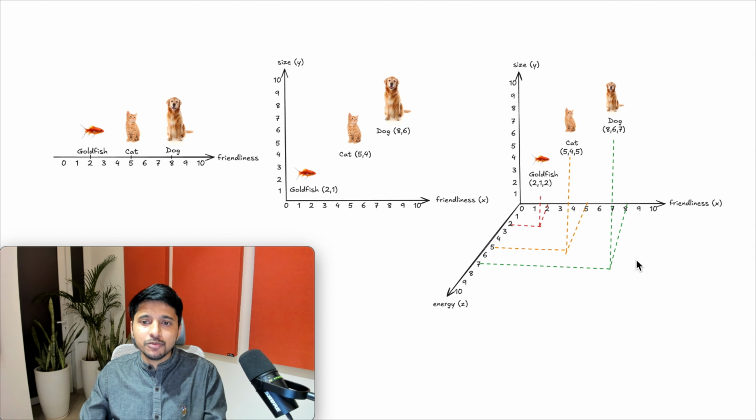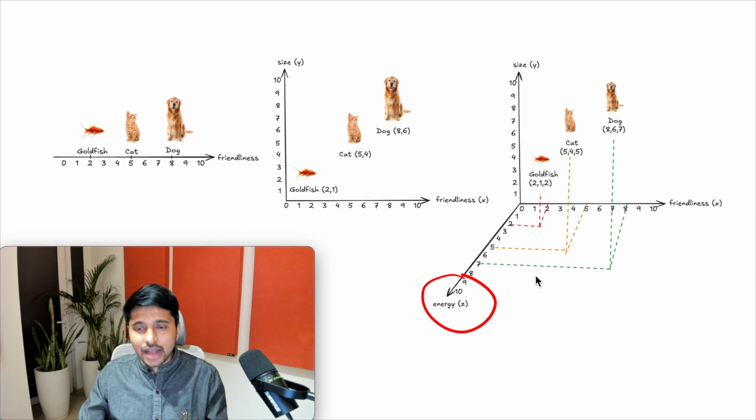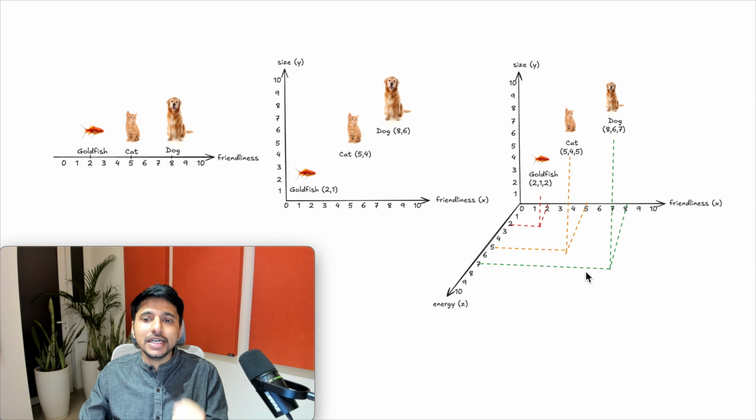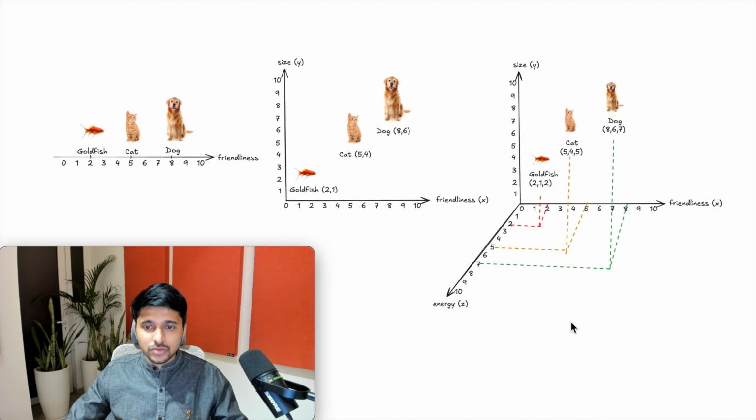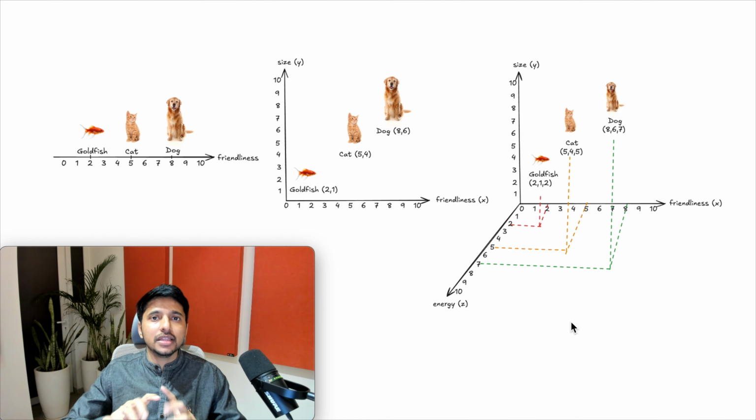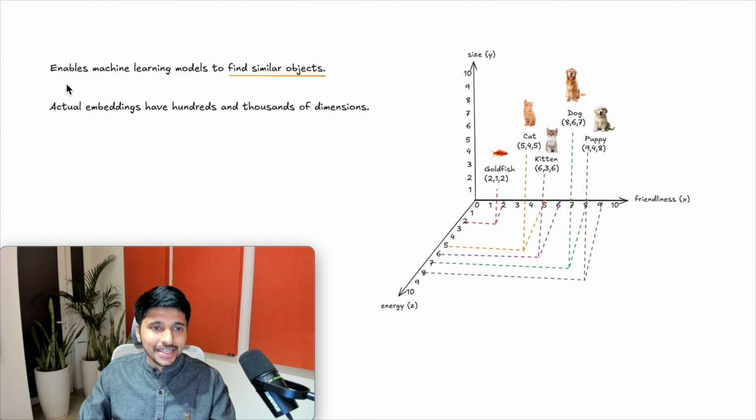Similarly, if we have three properties like size, friendliness and energy, we have the 3D space here because of three properties. So here we have defined the dog, cat and goldfish. So this is how vectors are helping us in organizing the properties in the n-dimensional space based on the requirements. As I mentioned earlier, it enables machine learning models to find the similar object.